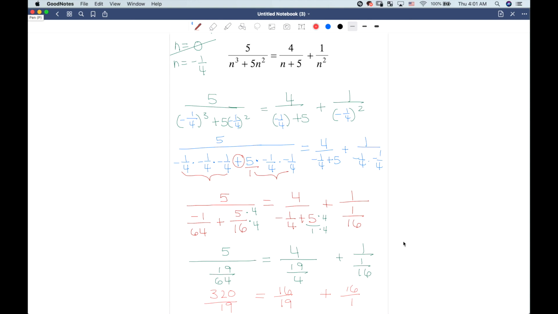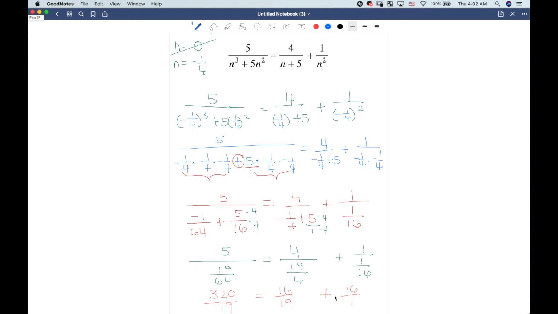Now, take a look here. It's still asking us to add, but I can't add because the denominators are not the same. I know this is too much, but we're going to finish it.